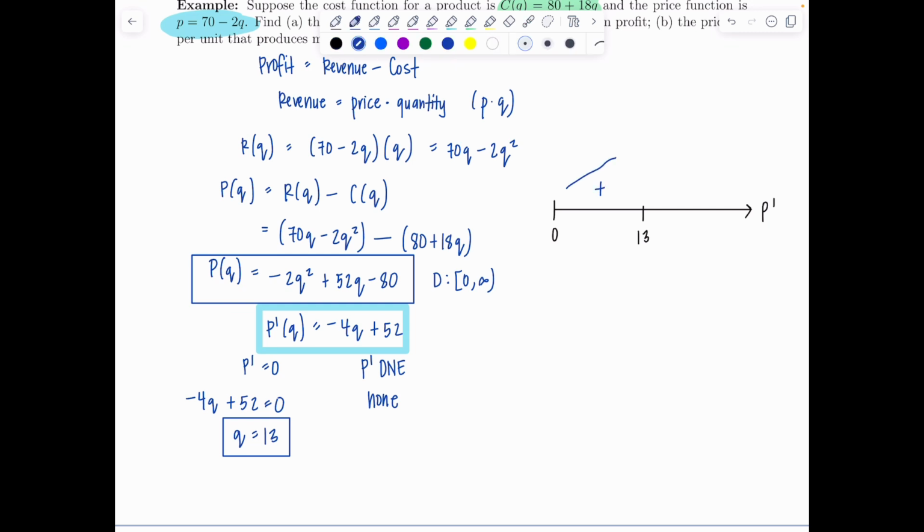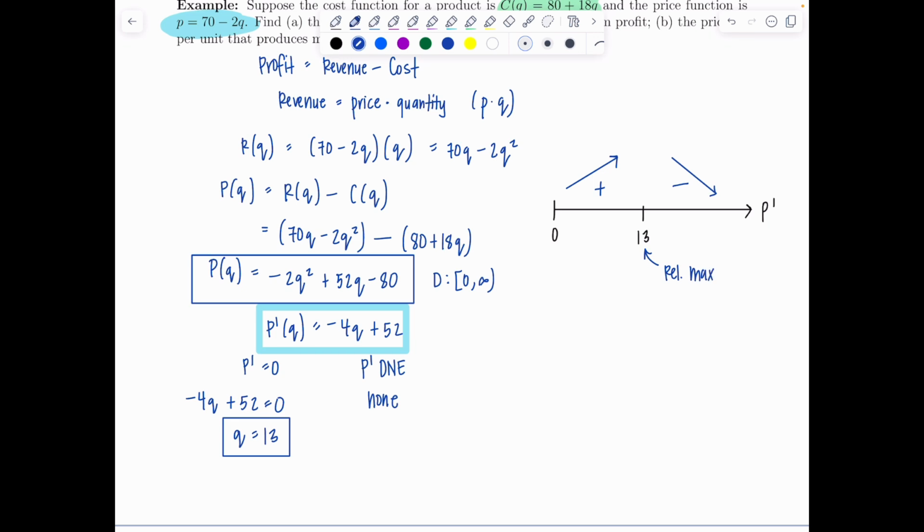P prime is positive, that means the profit function is increasing. Pick something bigger than 13. How about 20? Negative 4 times 20 plus 52, negative 80 plus 52, that's negative. That tells me profit is decreasing there. So yes, indeed, I can see Q equaling 13 yields the relative max.